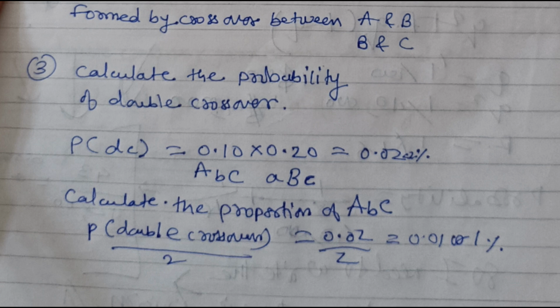The double crossing over gametes are capital A, small b, capital C, and small a, capital B, small c. Since they are equally likely, the proportion of each is half of the total double crossing over.